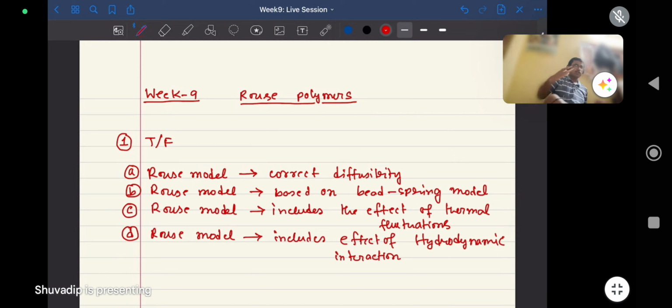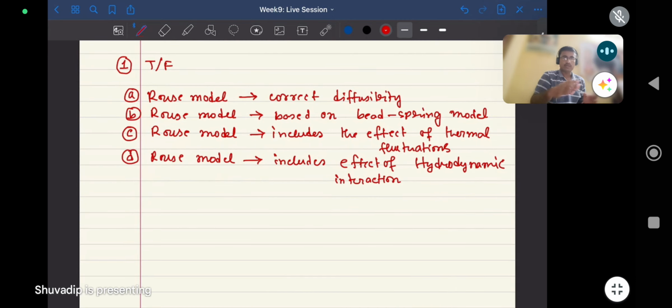So these are the four statements you're given here, and you have to identify which of these statements are true and which are false. Now let us discuss briefly what is Rouse model.